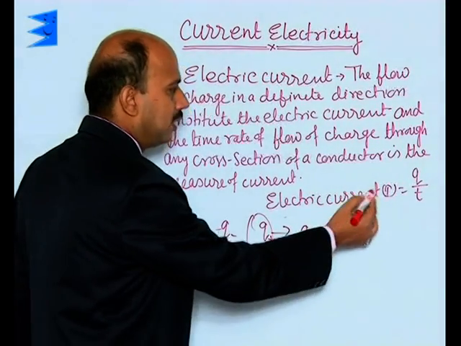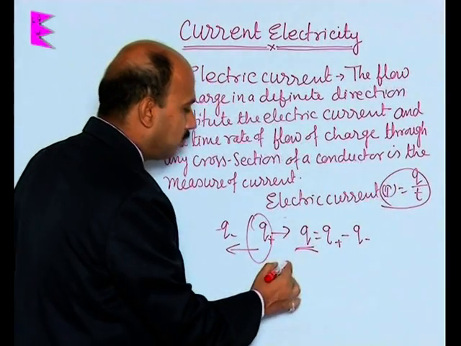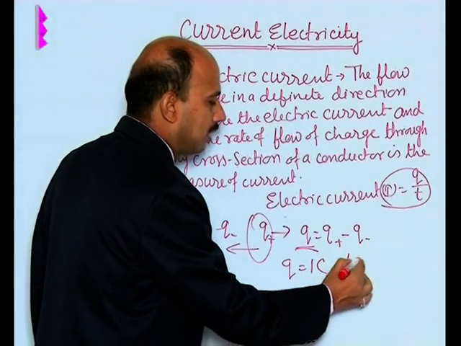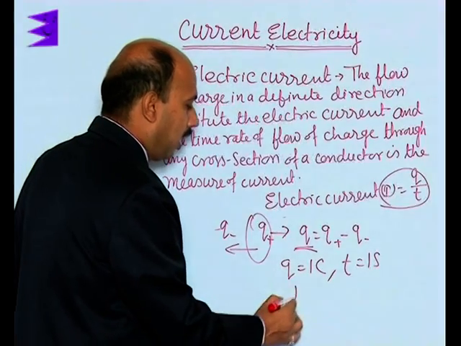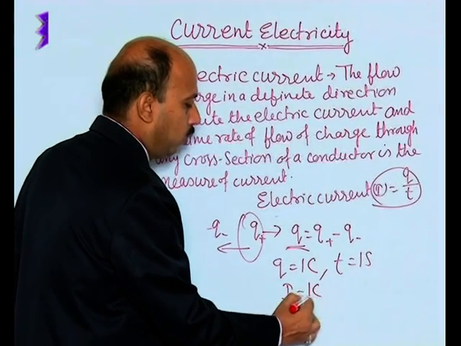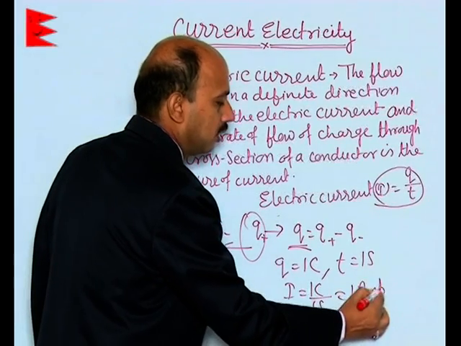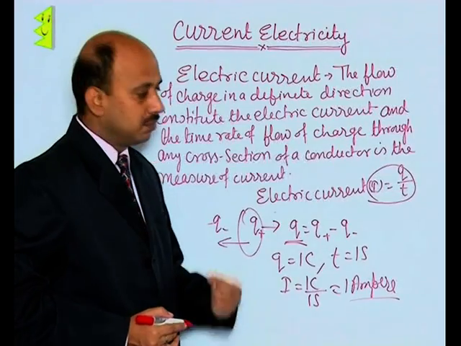So we can write I is equal to Q upon T, where we can take Q as 1 coulomb and time as 1 second. So I is equal to 1 coulomb upon 1 second, which is equal to 1 ampere. So ampere is the SI unit of electric current.